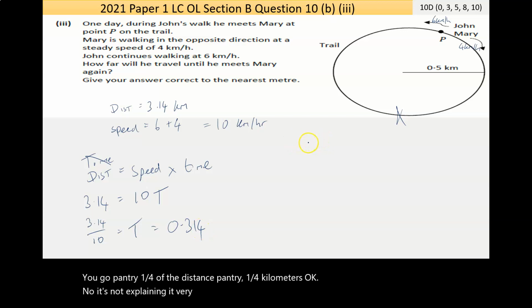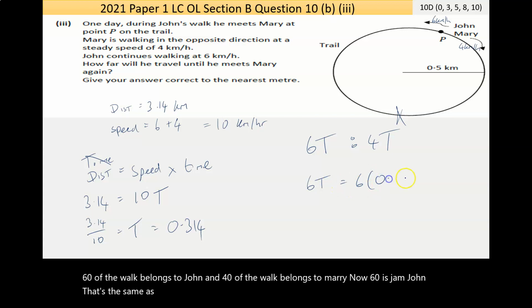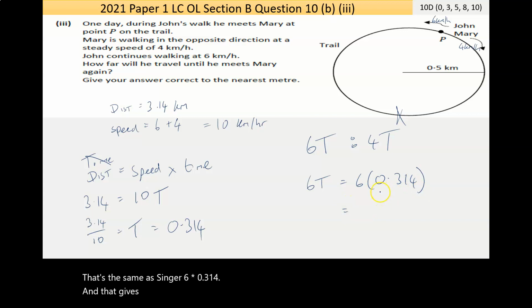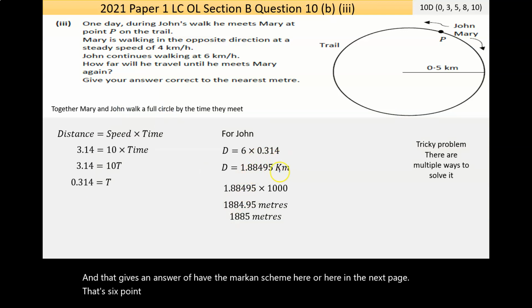Now 6t of the walk belongs to John, and 4t of the walk belongs to Mary. If 6t is John, that's the same as 6 times 0.314, and that gives an answer of, I have the marking scheme here on the next page, 6 times 0.314 is equal to 1.88495 kilometers.